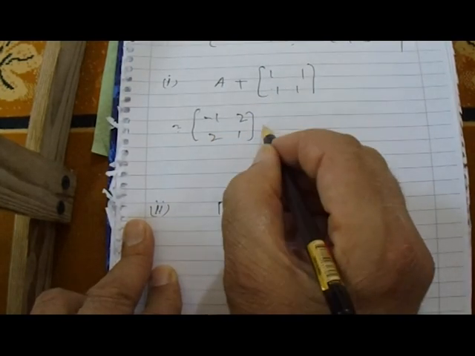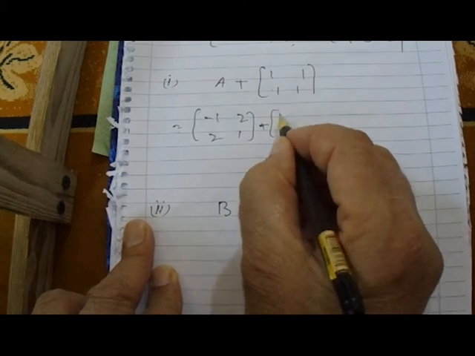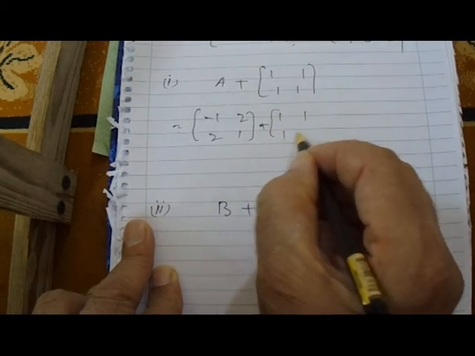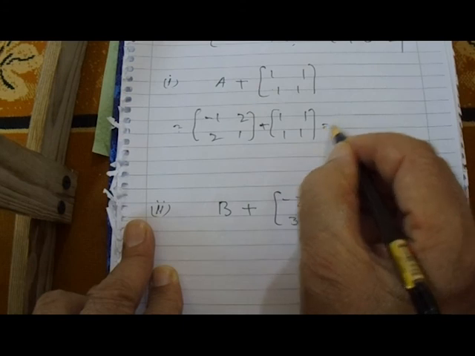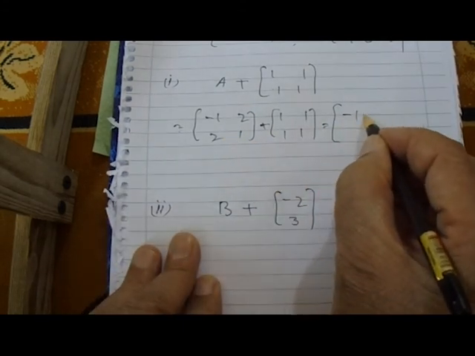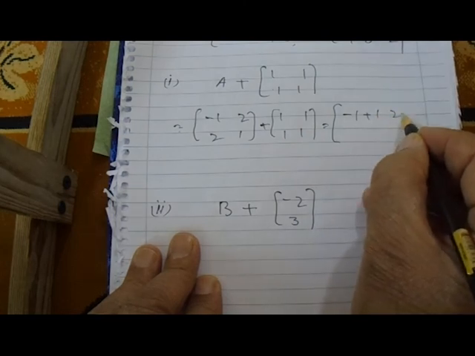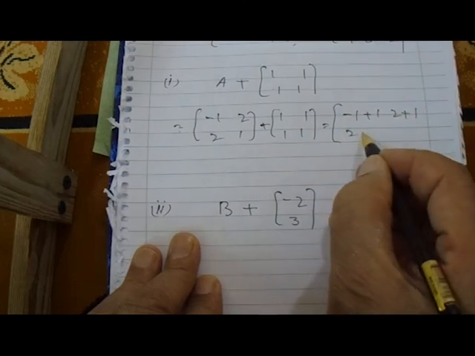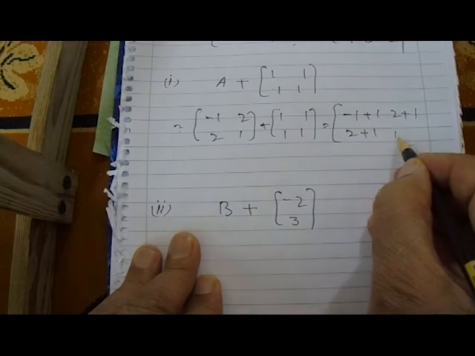Again this matrix is 1, 1 and 1, 1. You add this matrix with this: minus 1 plus 1, 2 plus 1, and 2 plus 1, and 1 plus 1.